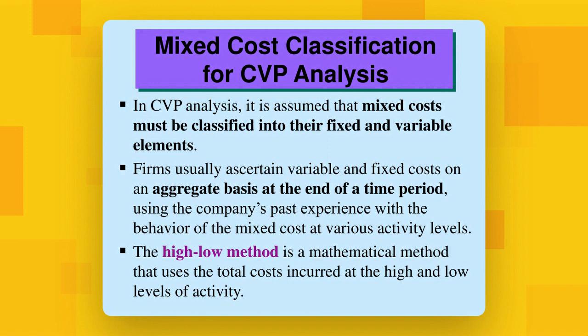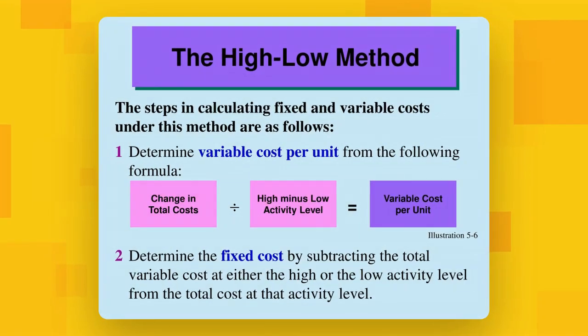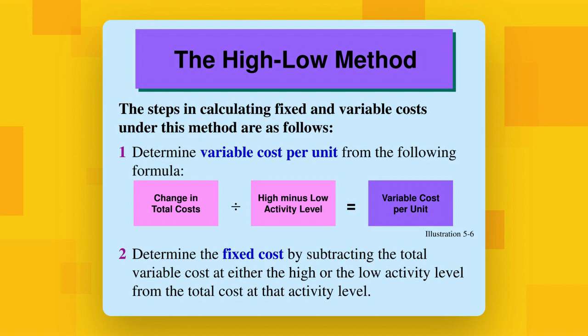From the word itself, it is known as high and low. Alright. So meaning to say, class, we will separate the variable cost per unit and your total fixed cost by this one. Number 1. The steps in calculating the fixed and variable cost under this method are as follows.